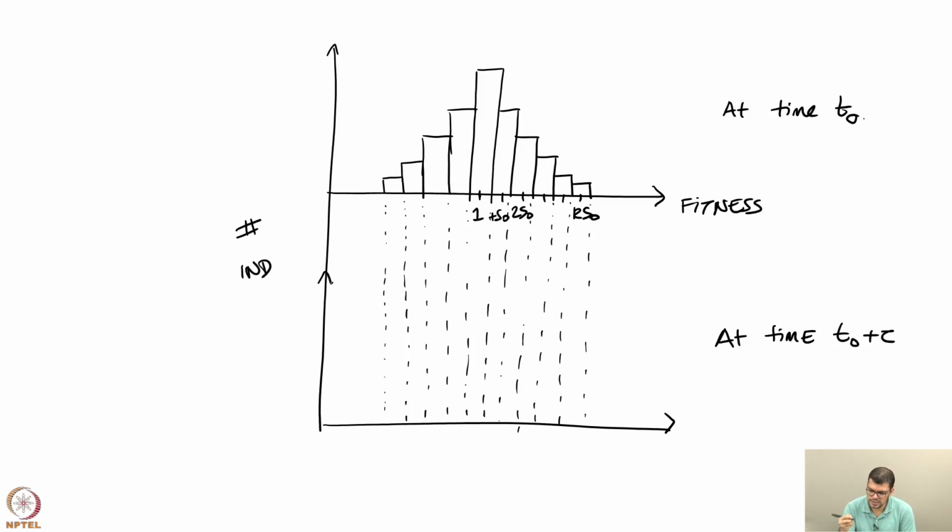Now, what we are saying is that at time t naught, some of these bars are increasing in frequency, those which have a fitness higher than the population mean, and some of these bars are decreasing in frequency, and these are bars which have fitness less than the population mean. So this is going on. This is going to bring some change in the shape of this distribution as we move forward in time.